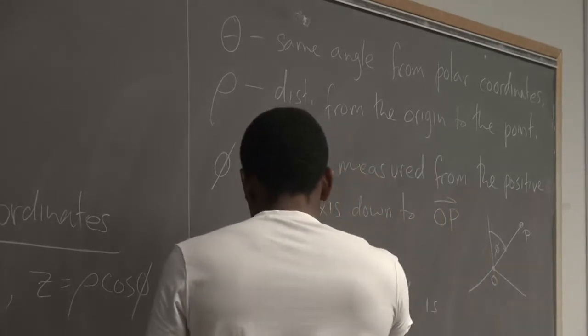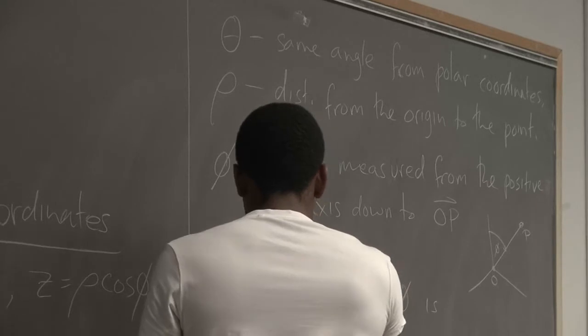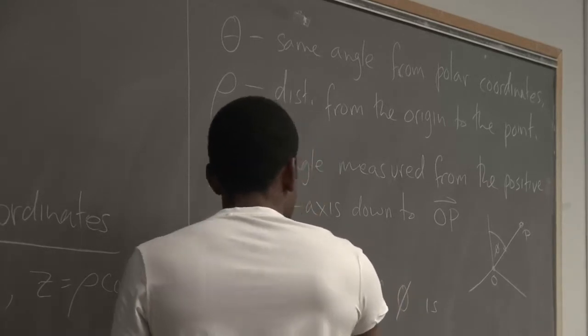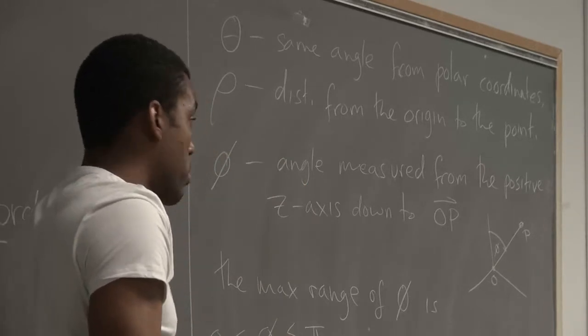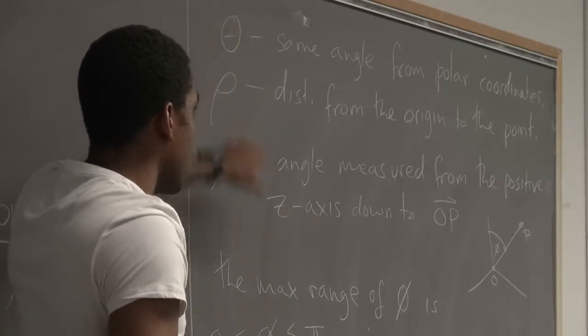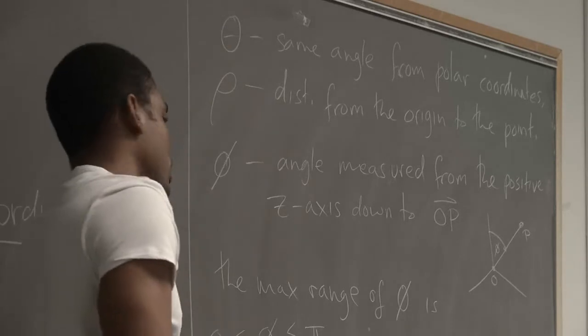This is the maximum phi will ever be, no matter what. Phi is always going to be an angle between 0 and pi. You can fudge things with theta a little bit, from minus pi over 2 to pi over 2 and all sorts of stuff.